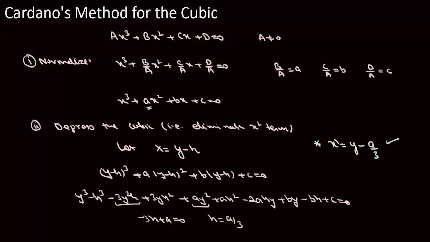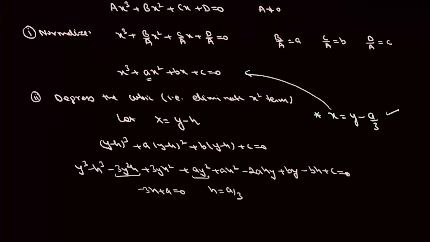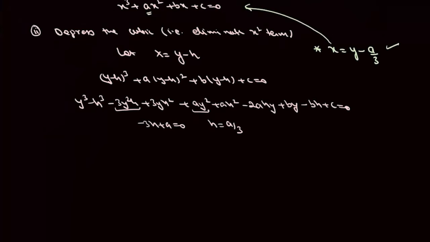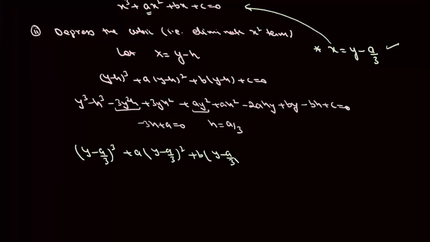So what we'll do is, we'll depress this cubic using this substitution. So we can write (y minus a by 3) cubed plus a (y minus a by 3) squared plus b (y minus a by 3) plus c equals 0.